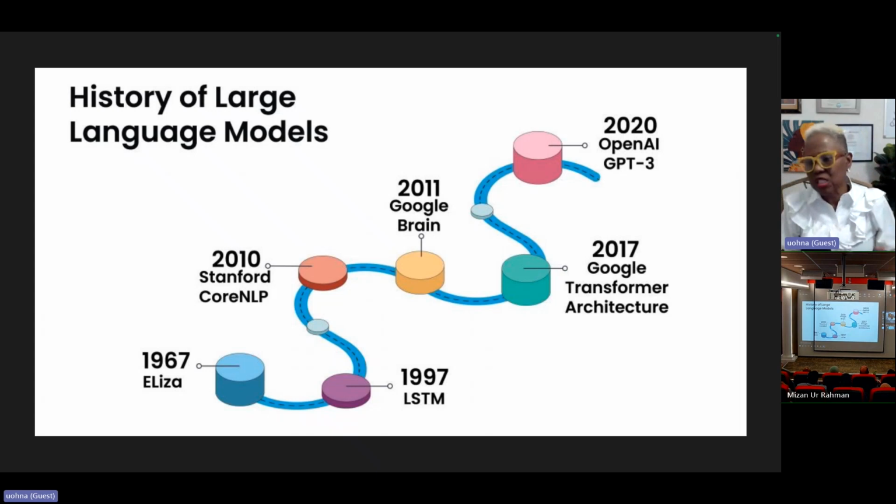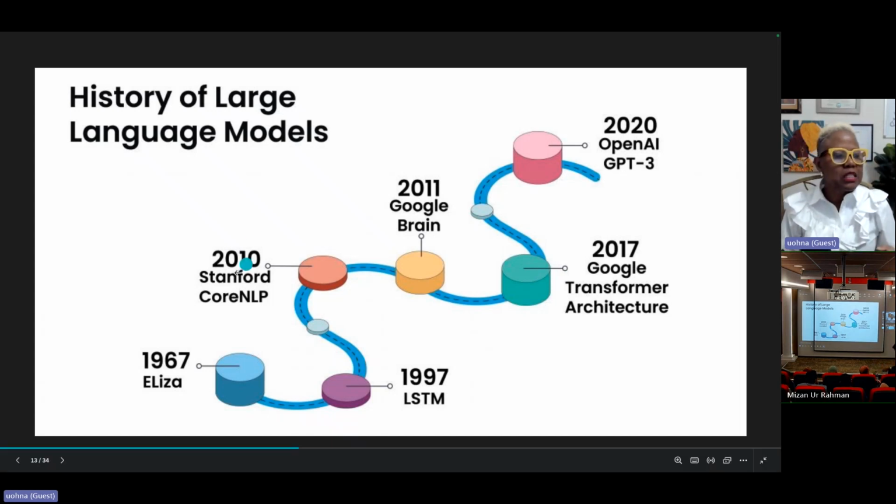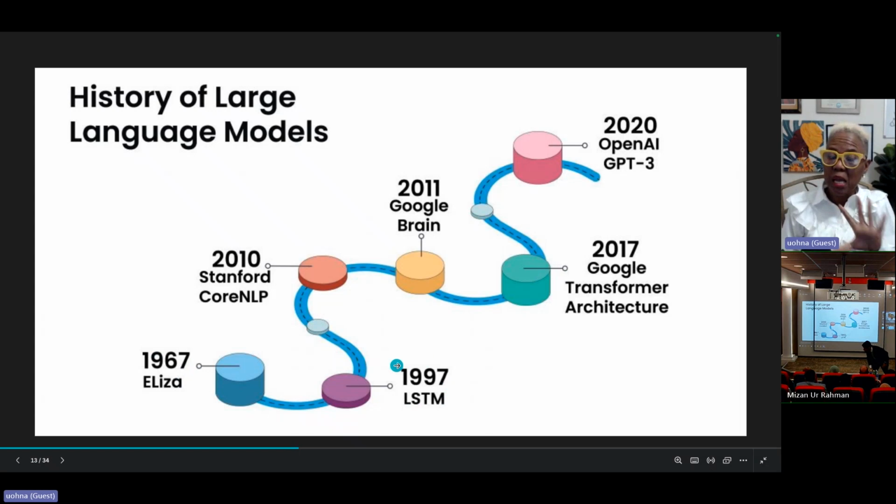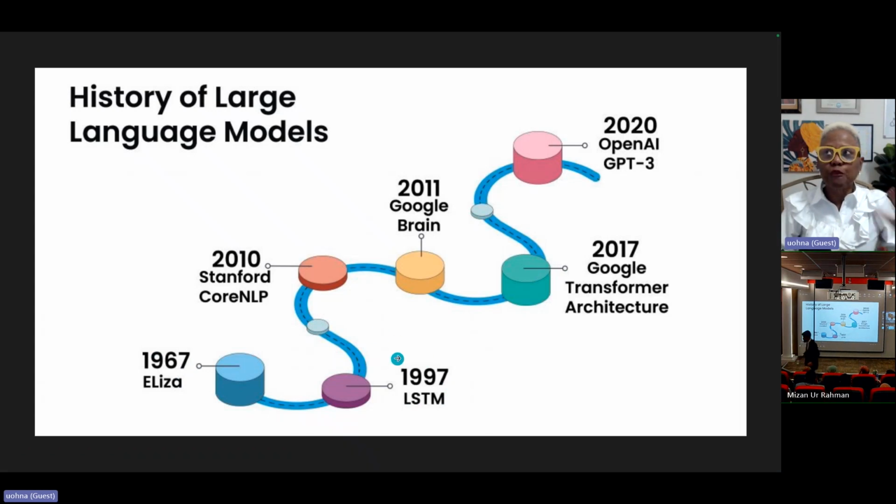By understand, I mean recognize the question and then know which answer to generate for that question. So that was Eliza back in 1967. And then you had the LSTM type of models, right? So the field of natural language processing is now expanding.